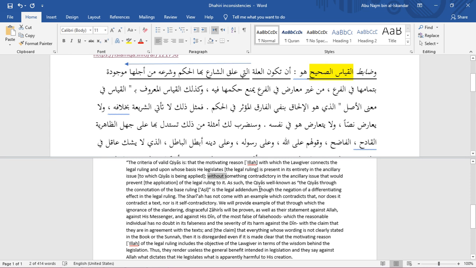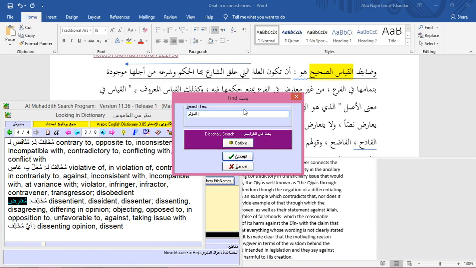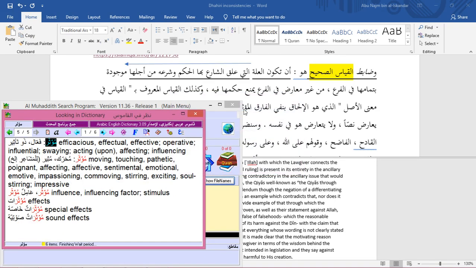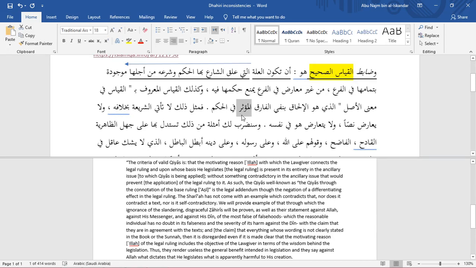So as such, the qiyas, well known as the qiyas of the connotation of the base ruling, is the legal addendum, al-ilhaq bi nafi al-fariq al-mu'aththir, the negation of the effective differentiating factor in the ruling.